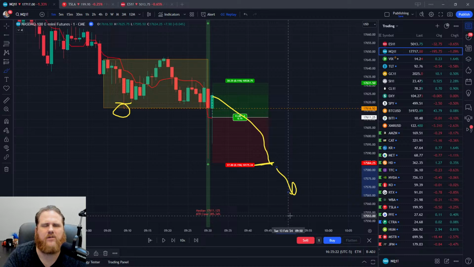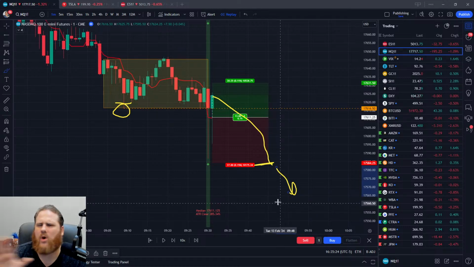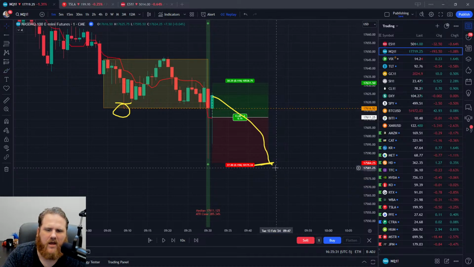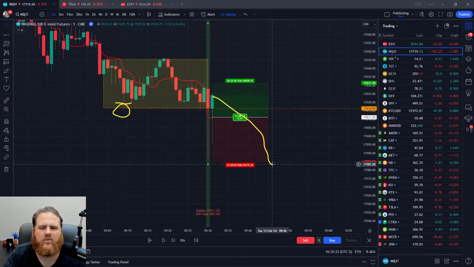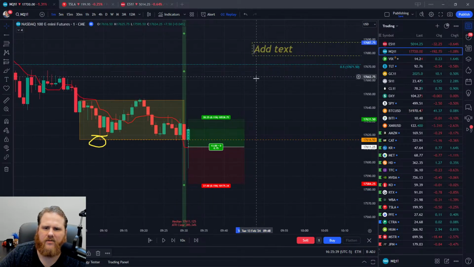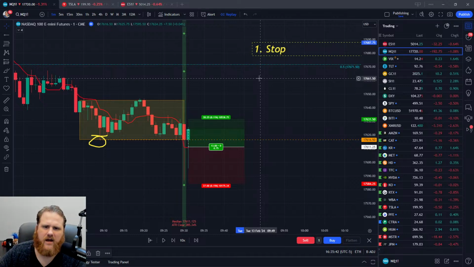Now it's probably going to keep on going. So we're out of it if it breaks that low plus a little bit of an ATR, average true range based buffer. And then I always want to take a minimum of a 3-to-1. So let's go ahead and start writing this up. So 1, stop below the spike.